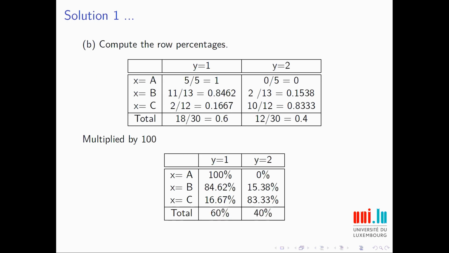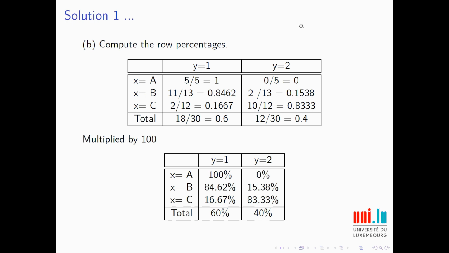Just a second. Yeah. So compute percentages, again, as we did during the first session in the class. You remember how to calculate these percentages. To calculate row percentages, you just have to find the summing number of each cell in a row.